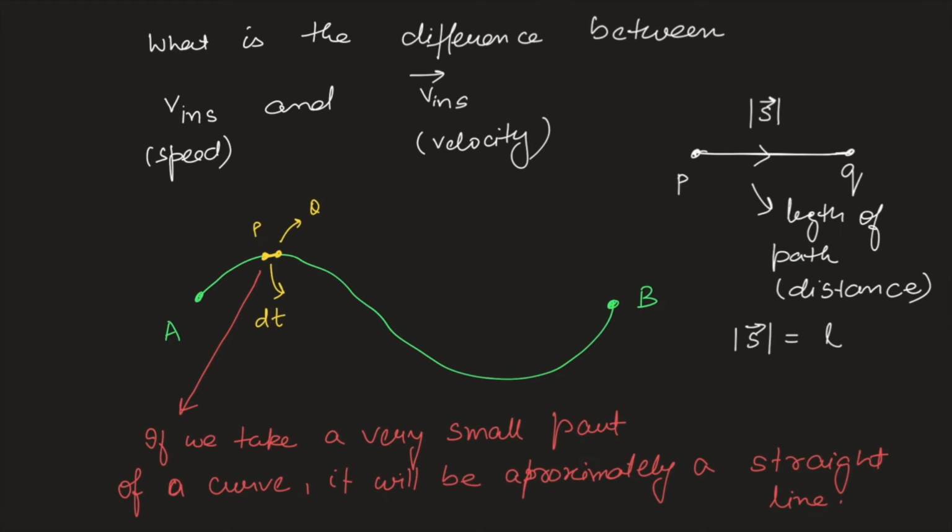So in this case, in the case of the curve, let me move this thing up and redraw the curve again. So if we have taken a curve and we are attempting to find out a small displacement or distance for instantaneous velocity, we are looking at a straight line.